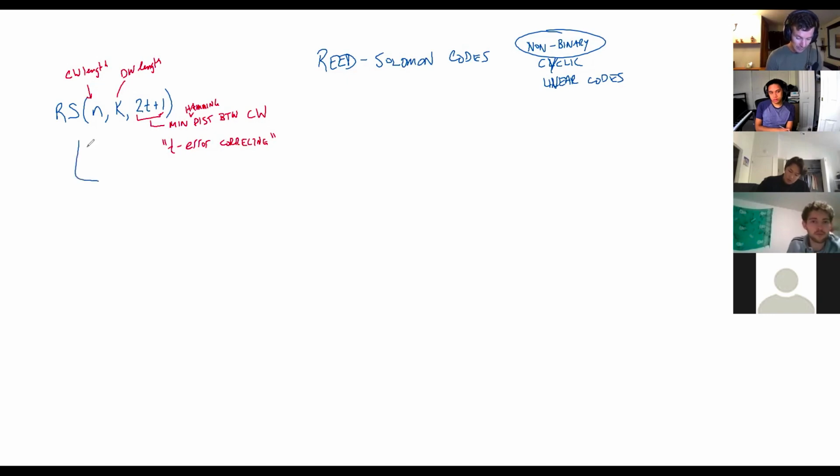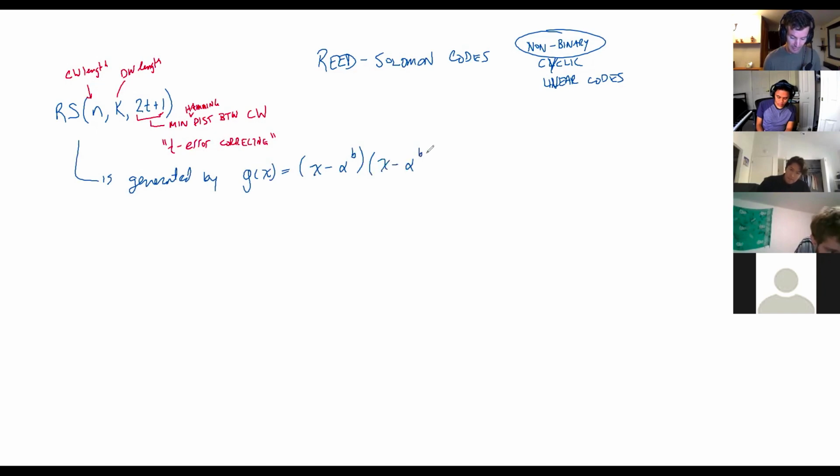So RS(n, k, 2t plus 1) is generated by the polynomial g of x equal to x minus alpha to the b, times x minus alpha to the b plus 1, dot dot dot, times x minus alpha to the b plus 2t minus 1.